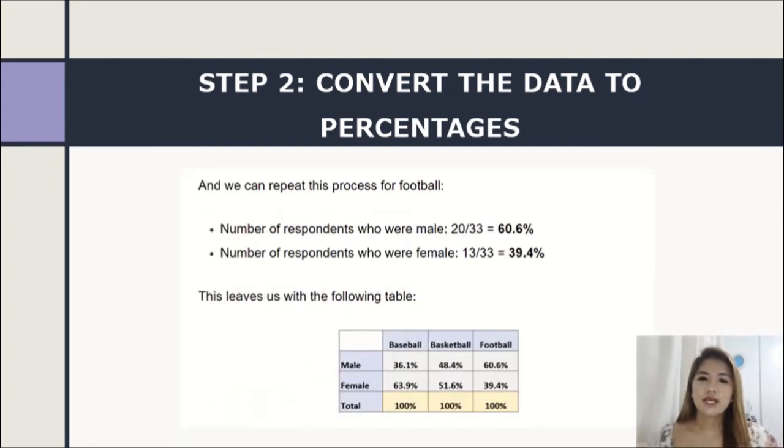Same process with football. For the number of respondents who were male, we have 20 over 33, for an equivalent of 60.6%. And for the number of respondents who were female, we have 13 over 33, or 39.4%. So this leaves us with the following table.